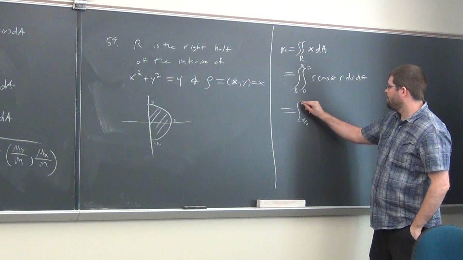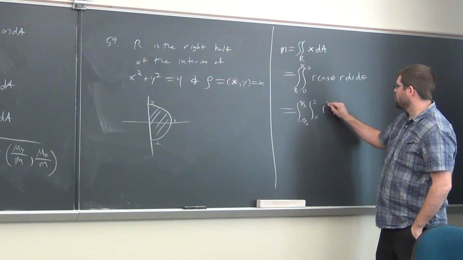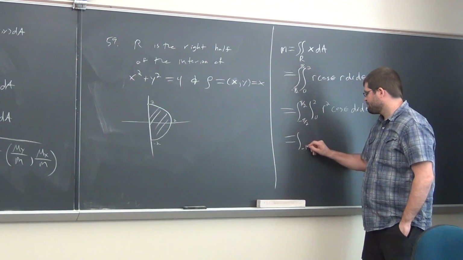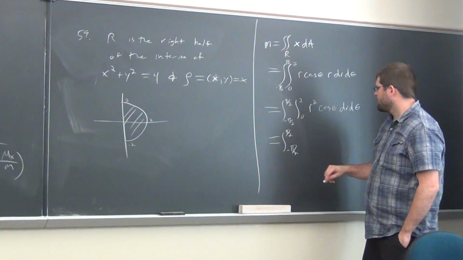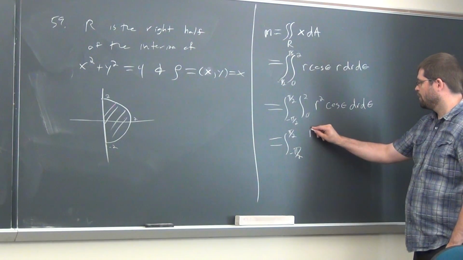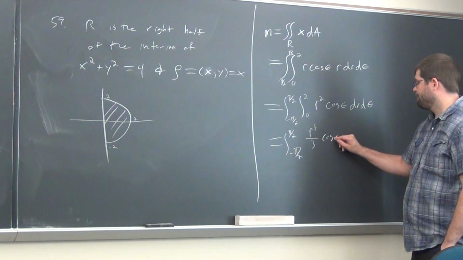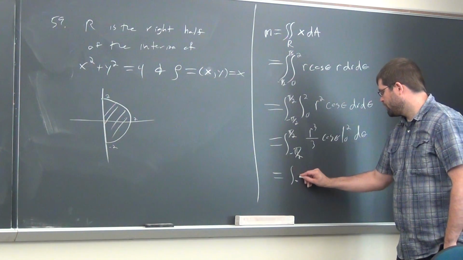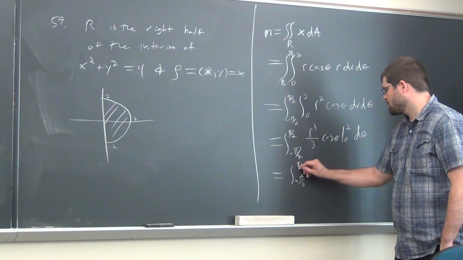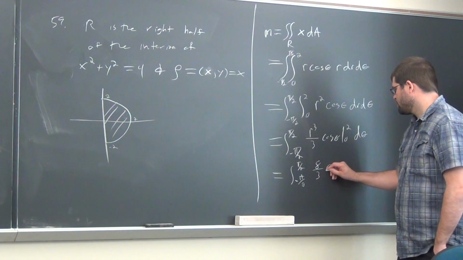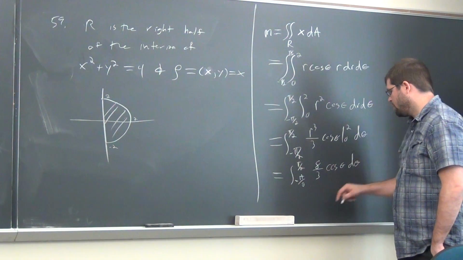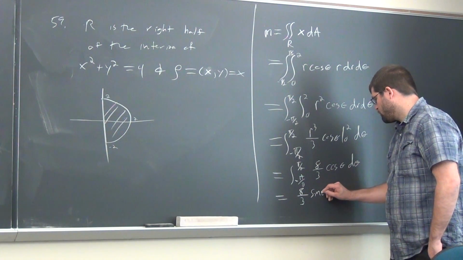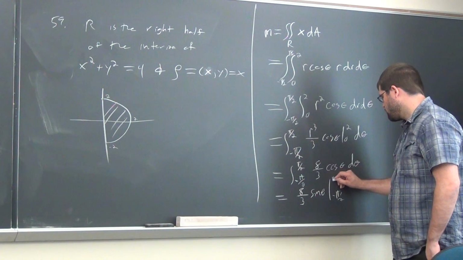Negative pi over 2 to pi over 2, 0 to 2, of r squared cosine of theta dr d theta. So what's going to happen when we integrate here? R cubed over 3, so we get 8/3 cosine of theta, and we end up with 8/3 sine of theta from negative pi over 2 to pi over 2.